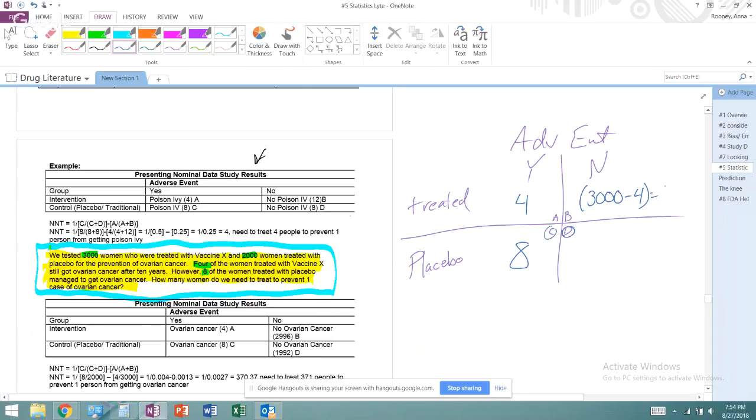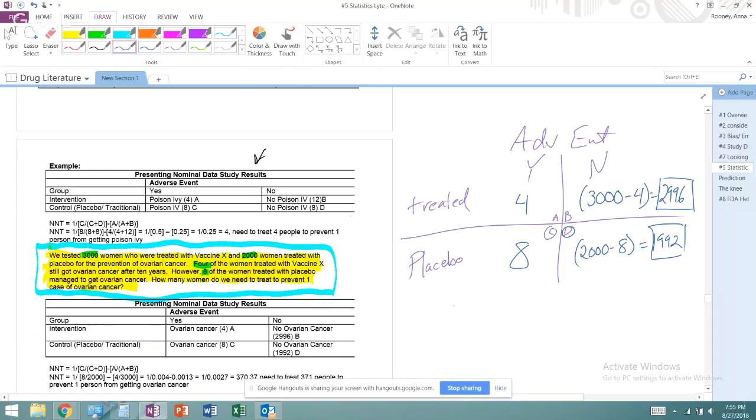So that is 2,996. And then this is 2,000 minus 8. So that is 1992. So that's these two numbers.